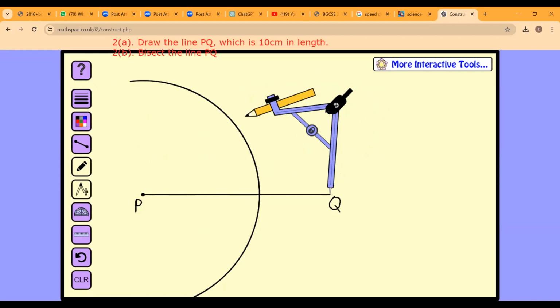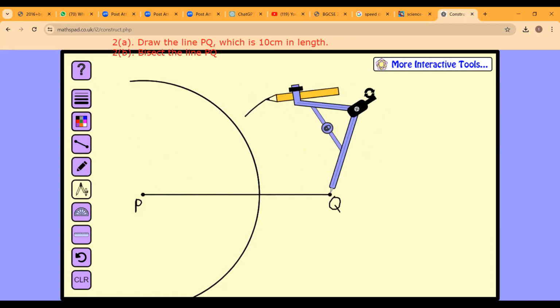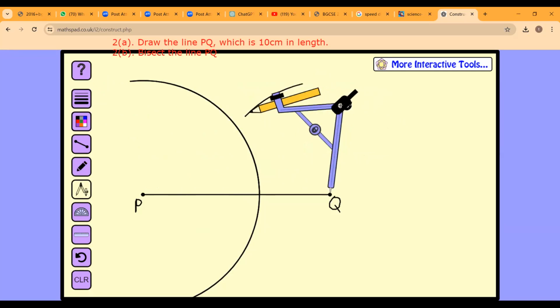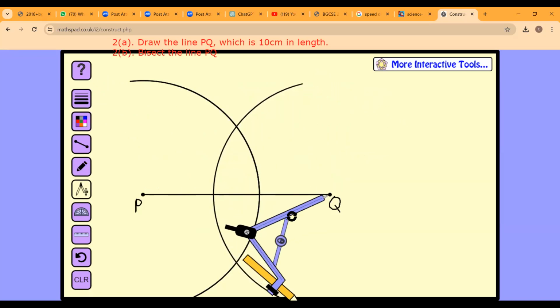Very good. So we're gonna make another arc at point Q, and we're gonna draw like a C, at point Q.